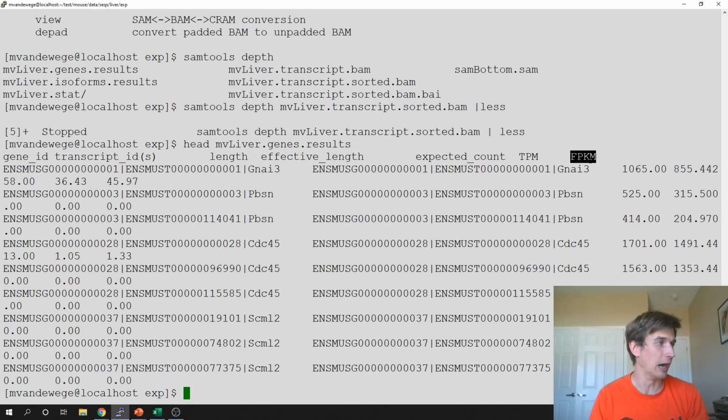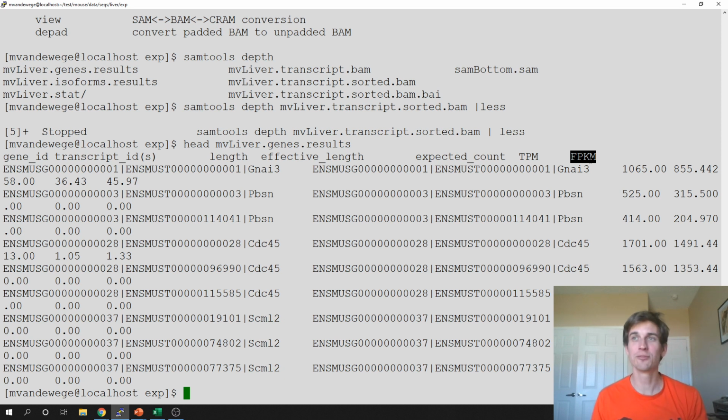So we take the number of fragments that mapped, we divide it by the gene length in terms of kilobases, and then we divide that number again by the number of reads that mapped per million. So it normalizes based off the length of the gene, and it also normalizes based off the length of the library that we map to.